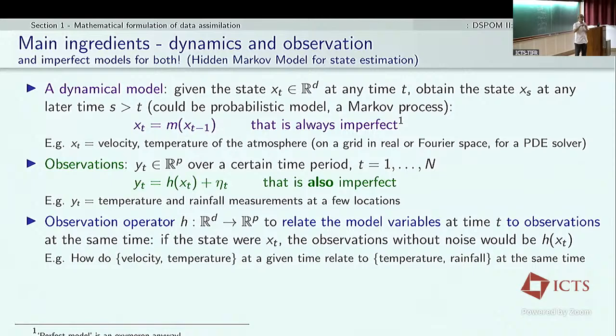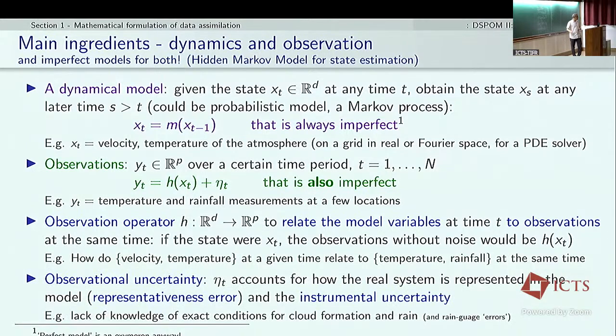Rainfall is a much more complex function of things like temperature, humidity, winds, and so forth. There is no simple functional form that you can write down. Most of these are essentially codes that you have to run to get the function h. So function h may not be available as an analytical functional form.